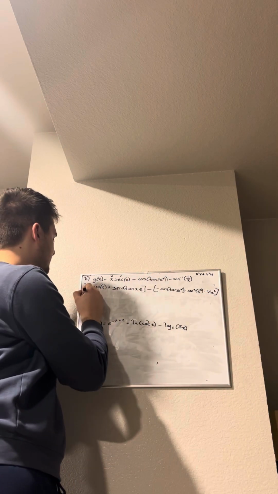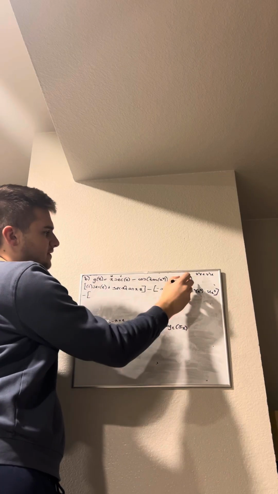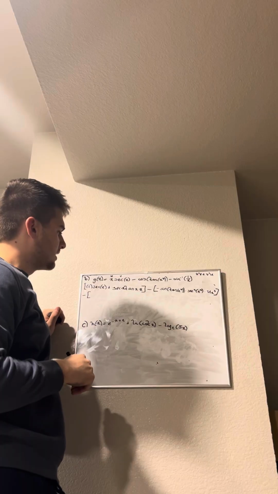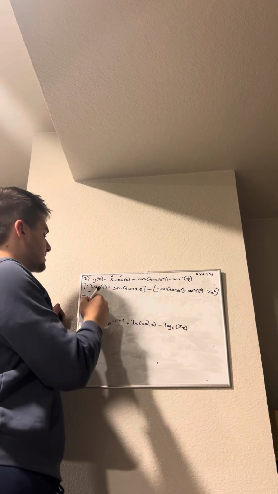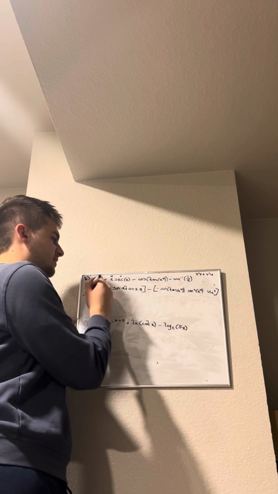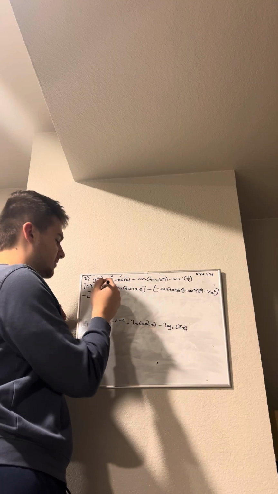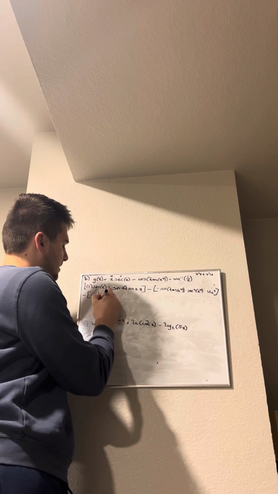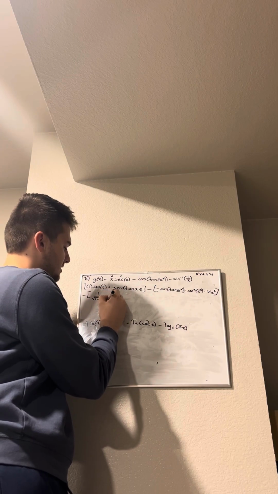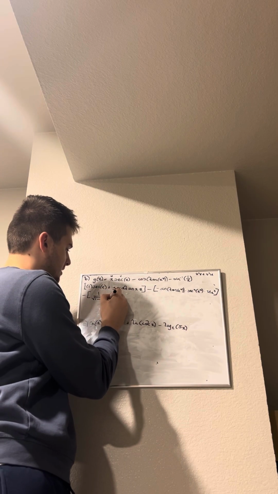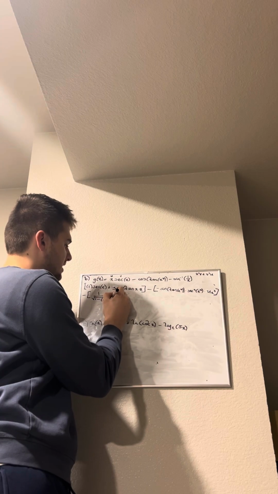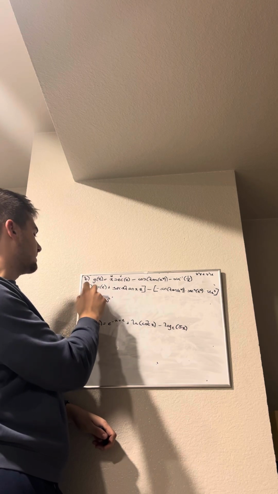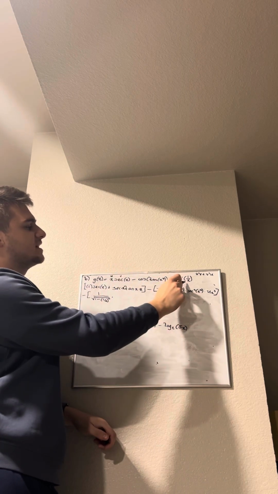And then lastly, we have inverse sine of 1 over x. So in this case, we can just use the same chain rule. So the derivative of inverse sine of 1 over x is 1 over the square root of 1 minus 1 over x squared, times, because this is a chain rule, we have to multiply the initial derivative times the derivative of the inside.